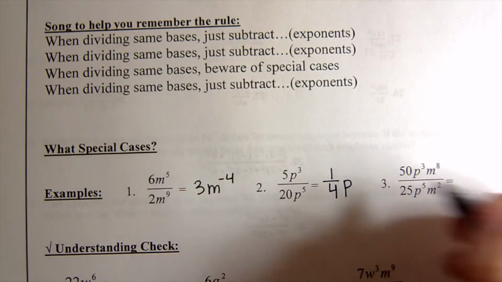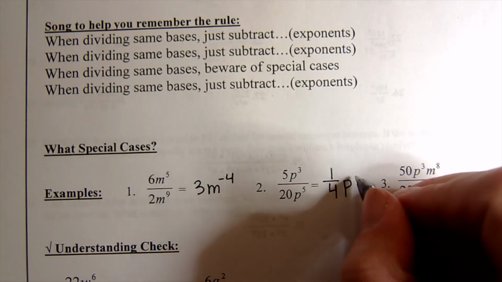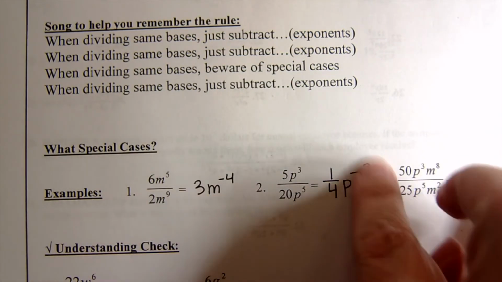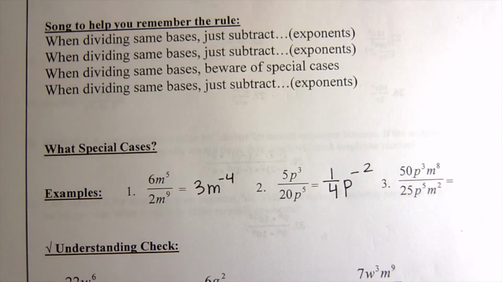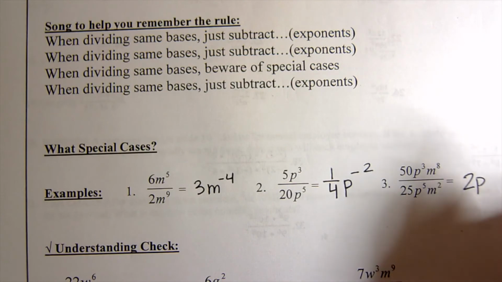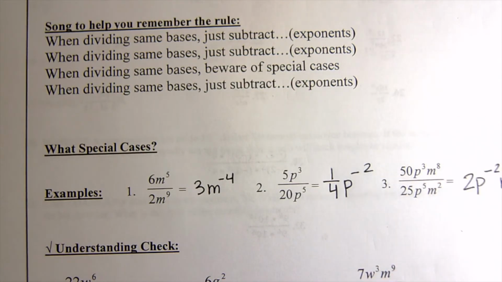P to the negative 2. So we subtract, we get a negative number, so we just write it with that negative number. Number 3, 50 over 25 is 2. P to what power? Negative 2. And M to what power? Positive 6. Do the understanding check.